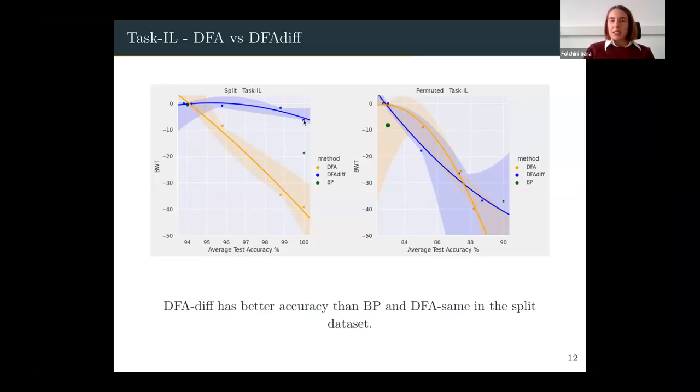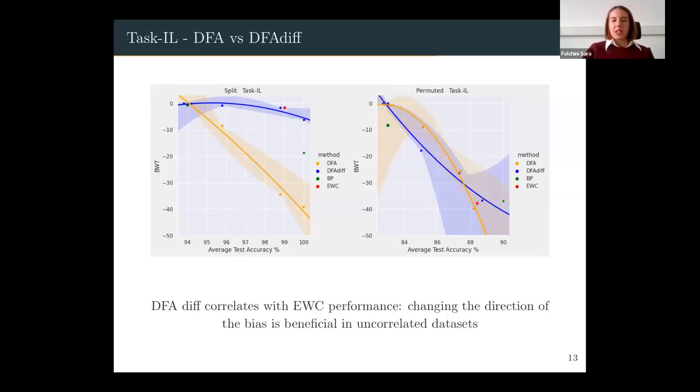This was surprising at the beginning, but then we understood that of course changing the direction of the bias can be beneficial for uncorrelated datasets. This is also the case for elastic weight consolidation, which is the red dot.